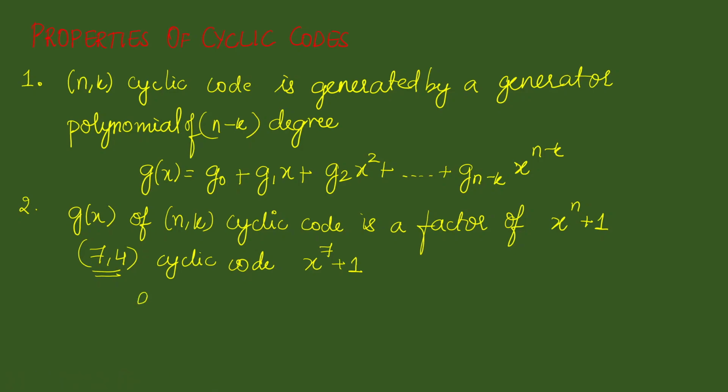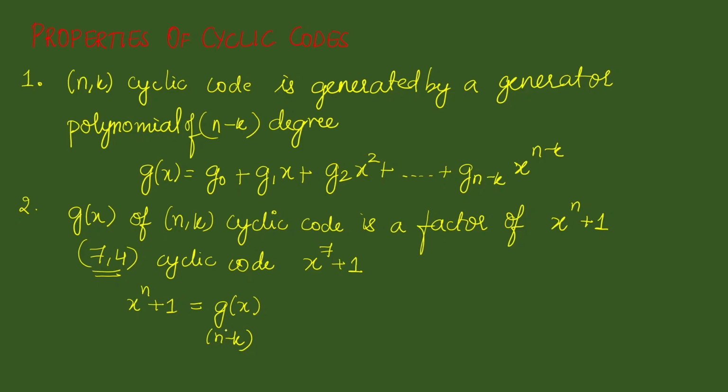So if there are factors for this polynomial x raised to n plus 1, this is our reference. Let me write it first. X raised to n plus 1 can be written as a multiplication of factors. So this polynomial will have one of the factors as the generator polynomial of degree n minus k. Remember, the degree on both sides should be equal. So here I have x raised to n on the left hand side.